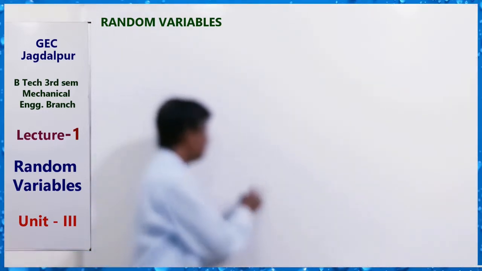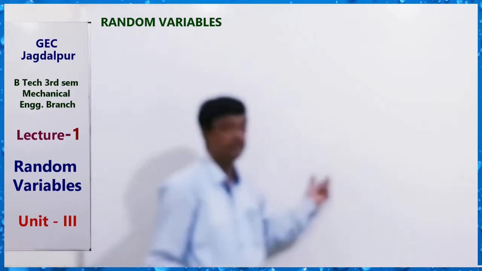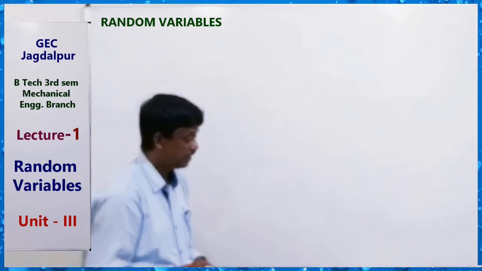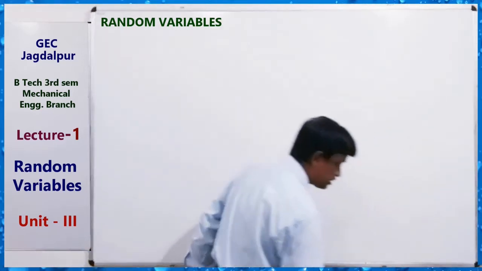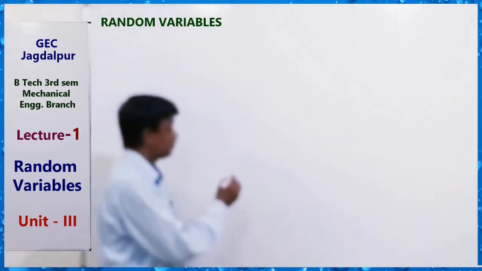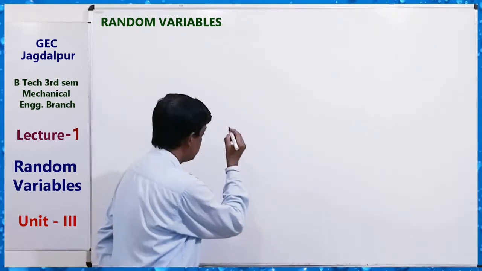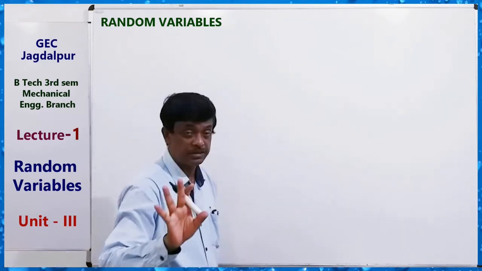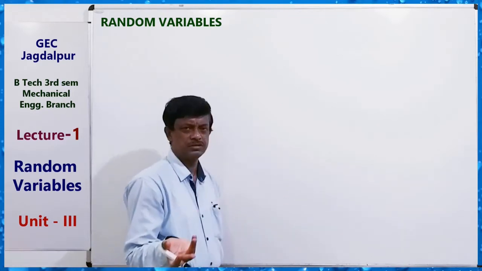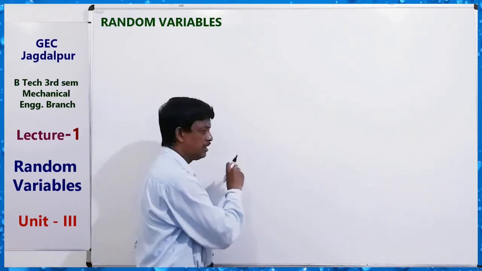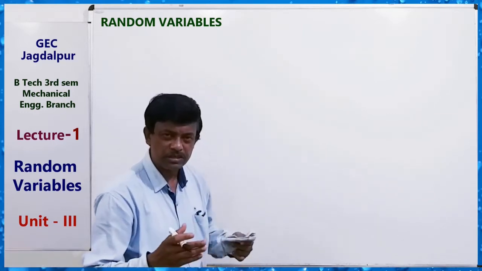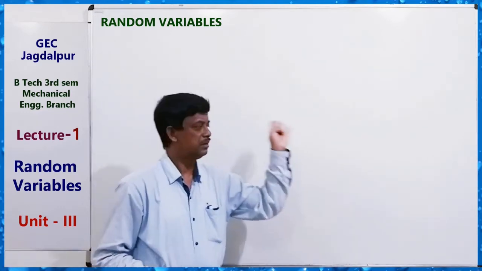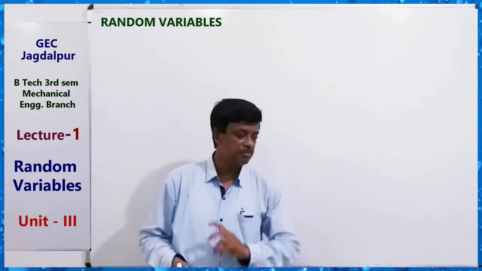When a random variable takes continuous values in an interval, it is called a continuous random variable. Clear? When a random variable is not discrete, it is called a continuous variable because it can take values continuously in an interval.